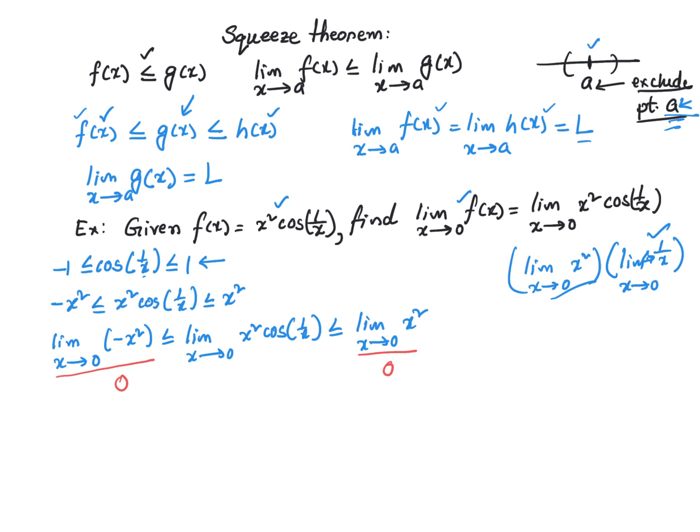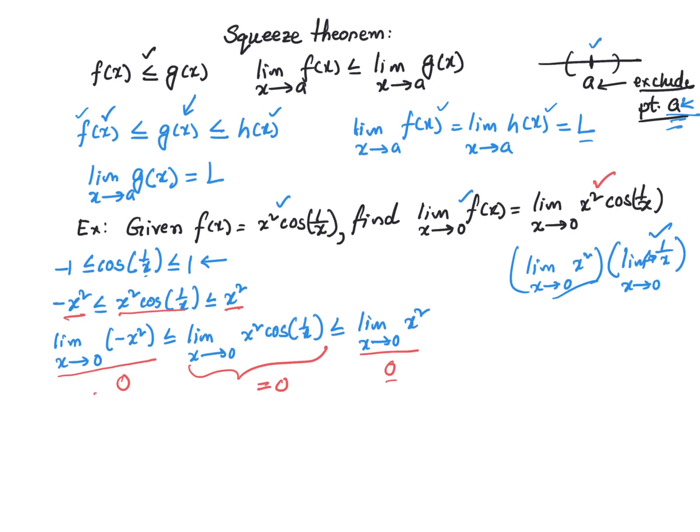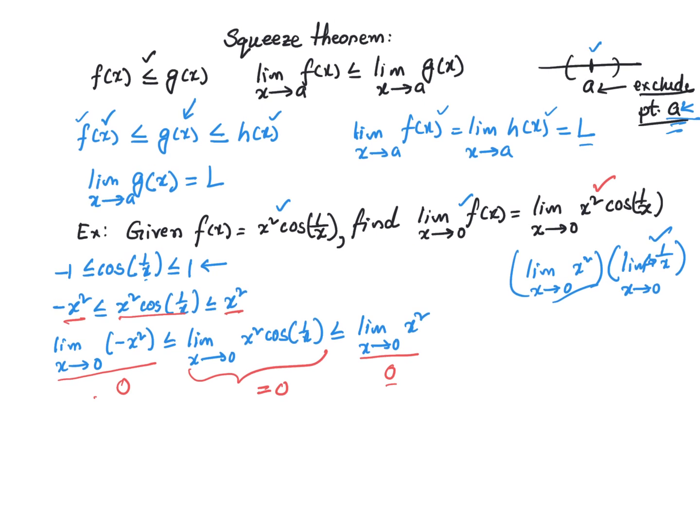Since this function is contained between this one and this one, and the limits of the left function and the right function both go to 0, the middle function has no choice but to converge to 0. So the limit as x approaches 0 of x squared cosine of 1 over x is nothing but 0. I hope that this discussion was helpful. Thank you very much.